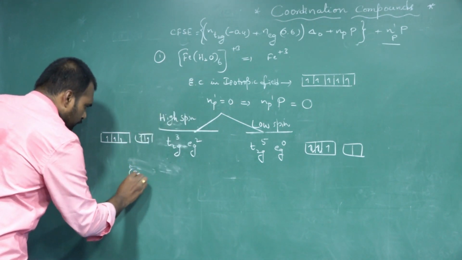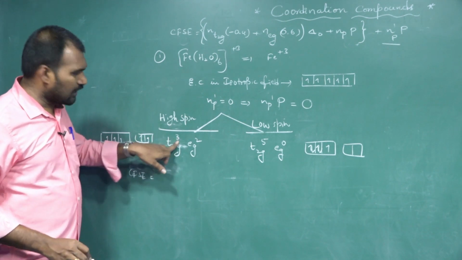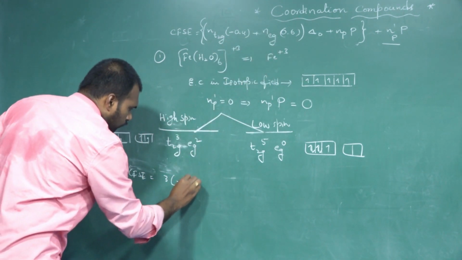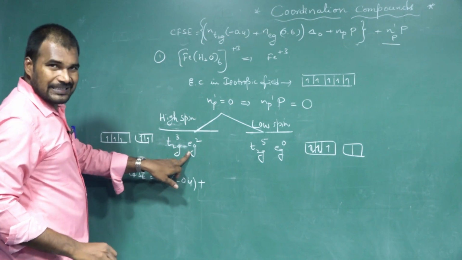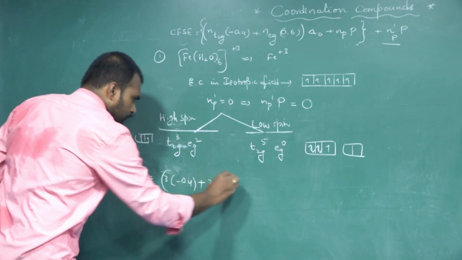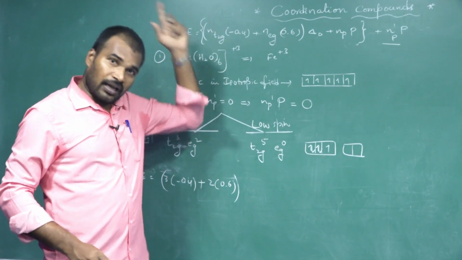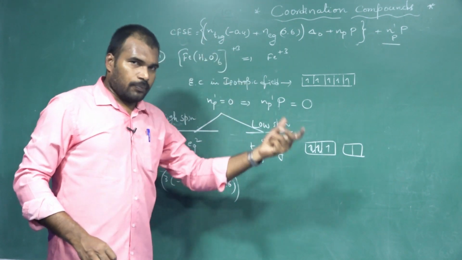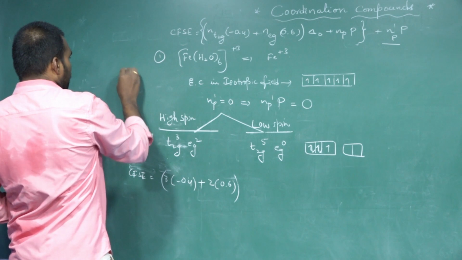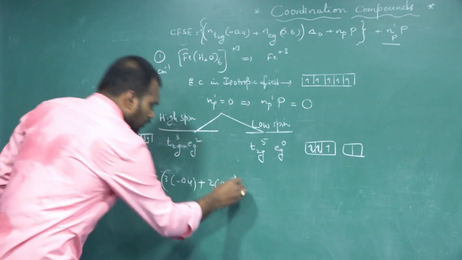Let us apply the formula. CFSE equals how many electrons in T2G? 3 electrons, so 3 into minus 0.4, plus how many electrons in the Eg set? 2 electrons, so 2 into 0.6, into the del O value. As we already discussed in the previous concept, for hexa-aqua iron del O is 14,000 centimeter inverse, so we substitute 14,000 here.